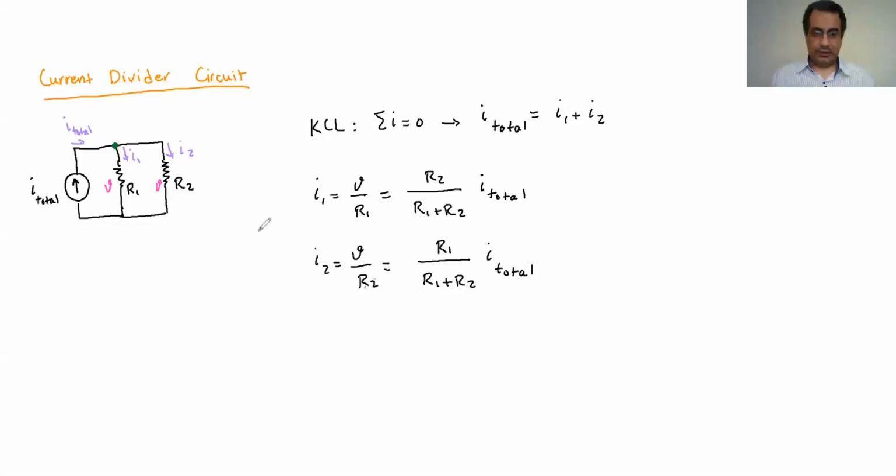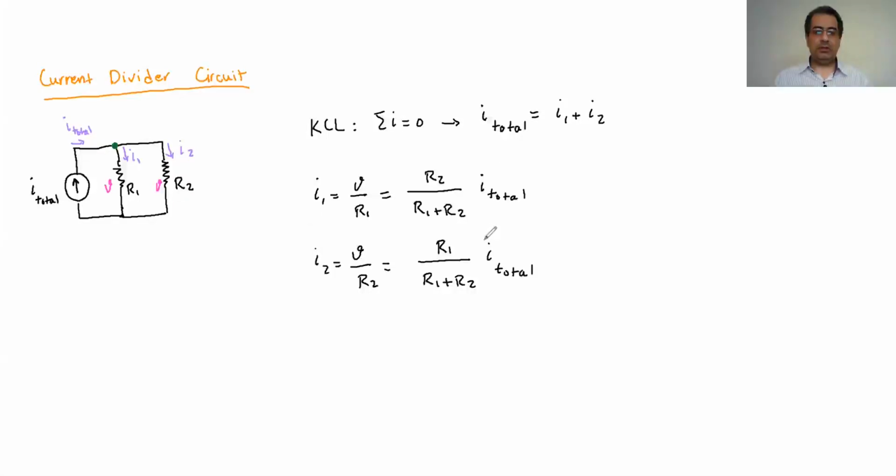These two equations, later on we use them a lot. Whenever we have parallel resistance, instead of finding the equivalent one, we simply use this to find how the incoming total I is going to be split between R1 and R2.